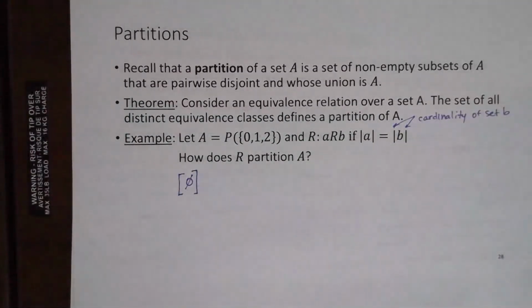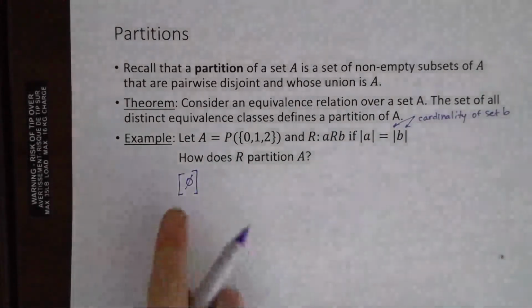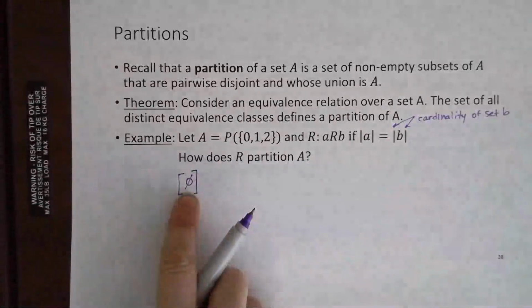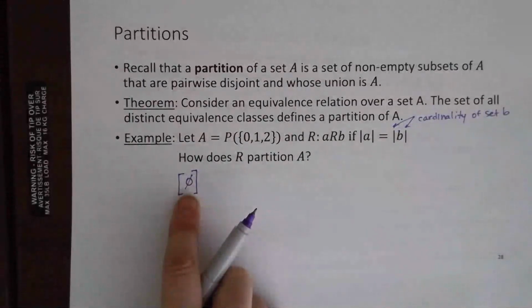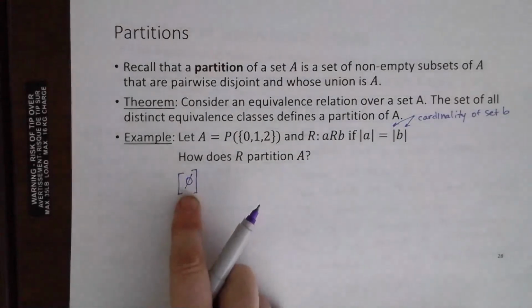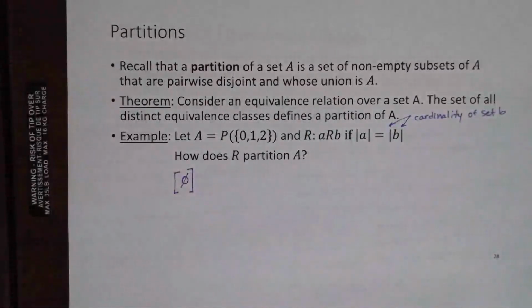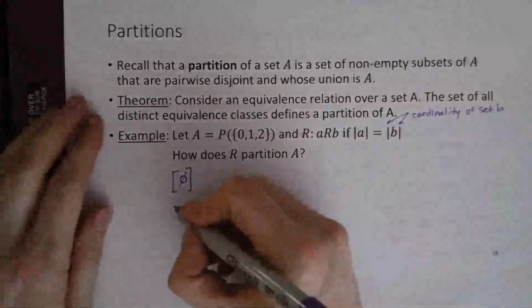What other subsets would have a cardinality of 0? Are there any other subsets that have a cardinality of 0? No, right? So it's in a little class all by itself. It's lonely, but it's there.